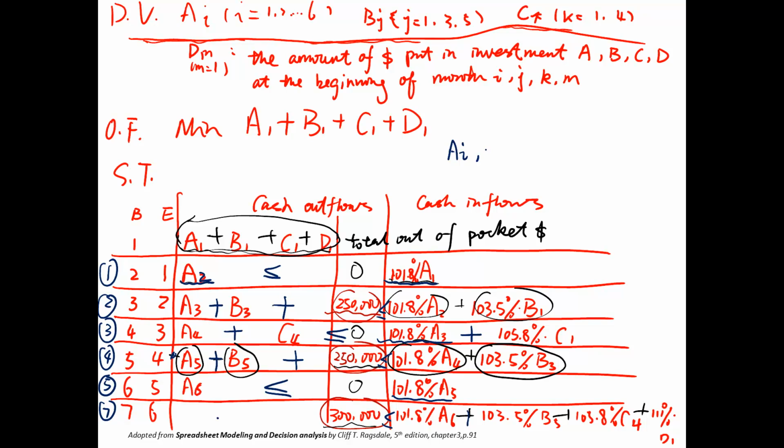A_i, E_j, all need to be greater than or equal to 0 for all i that goes from 1 to 6, j goes from 1 to 5, k equals 1 and 4.